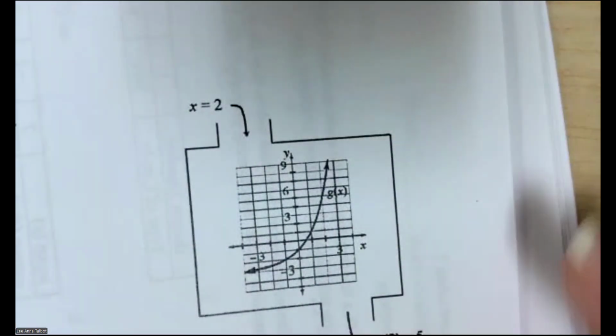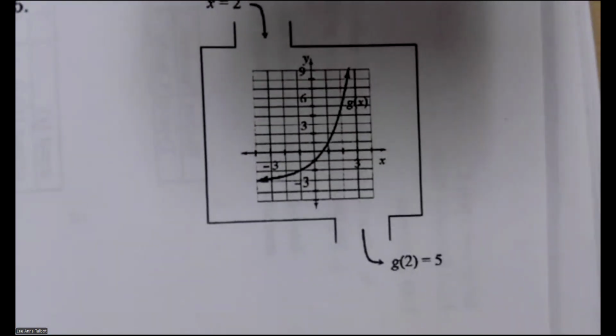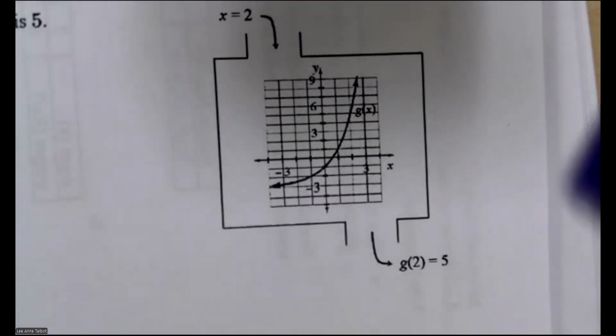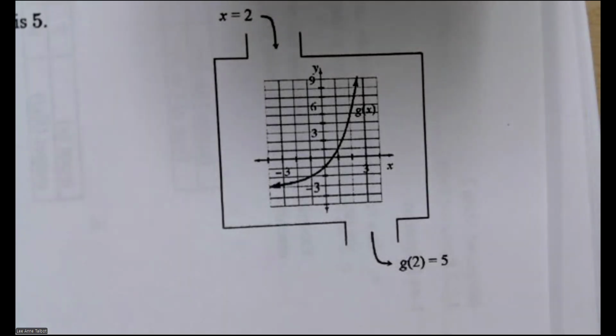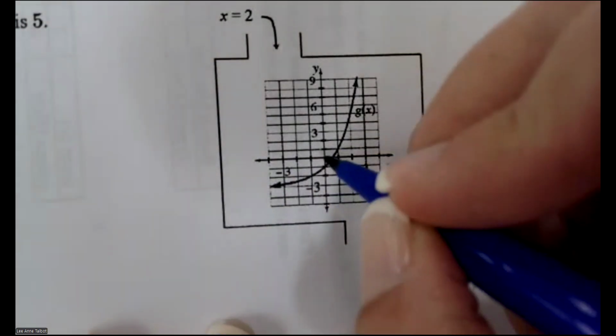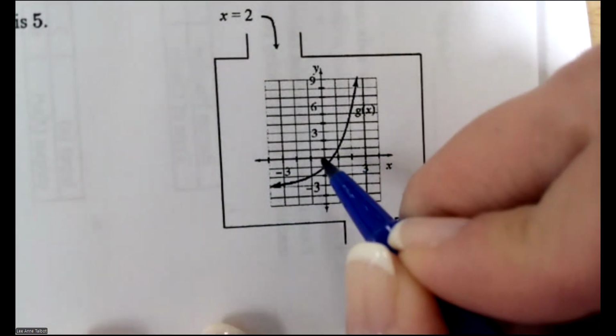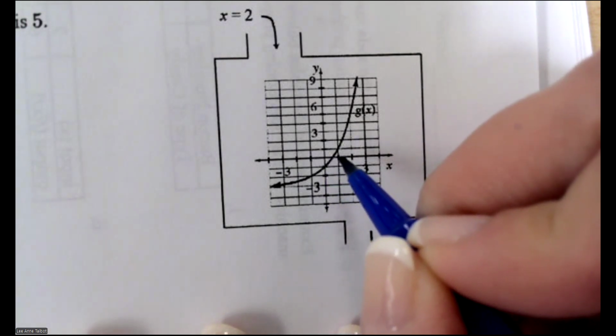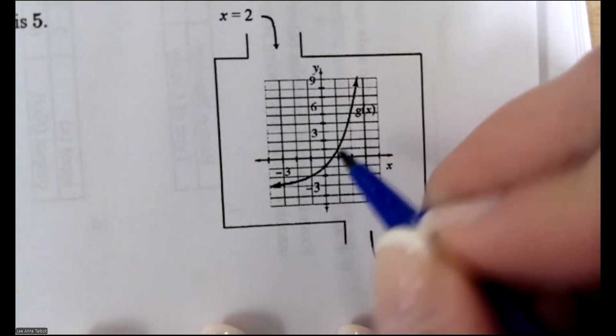Okay, A. When the input is 1, what is the output of the function? That is, find the value of g of 1. Okay, what that means is locate the coordinate where x is 1. So go to the origin, which is right here. And then can you guys see that 1 is here?